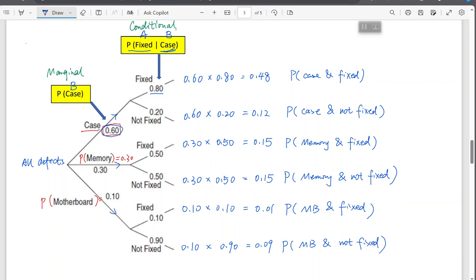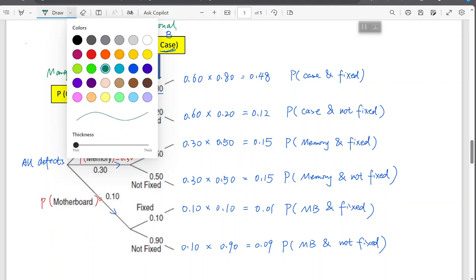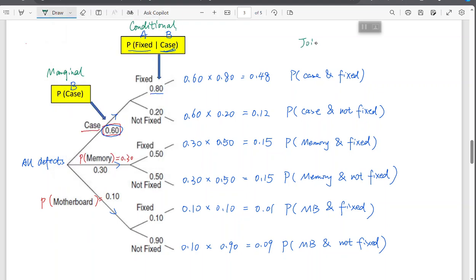All right, okay, so what are these probabilities? These are joint probabilities, right? So the marginal probability times the conditional probability equals a joint probability. Now let's look at these joint probabilities: 0.48, 0.12, 0.15, 0.15, 0.01, 0.09.